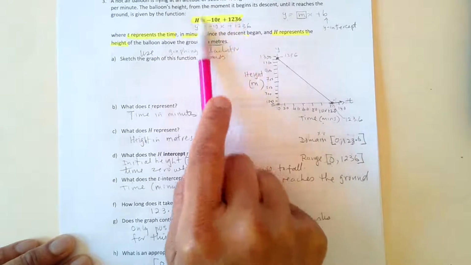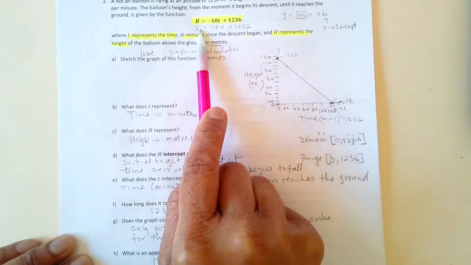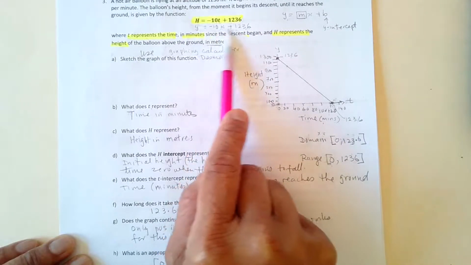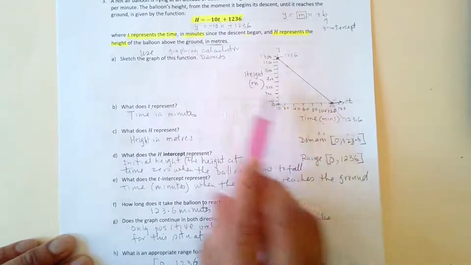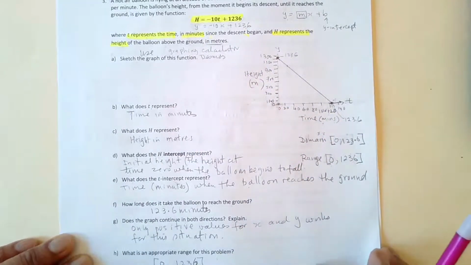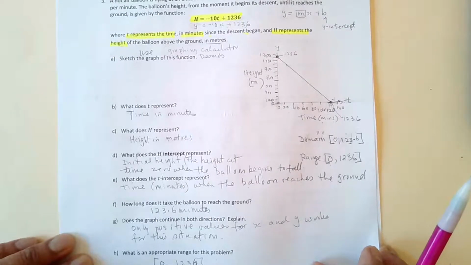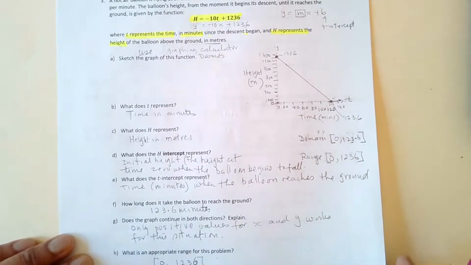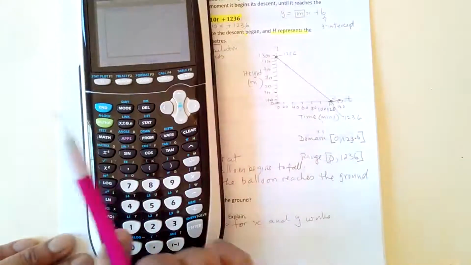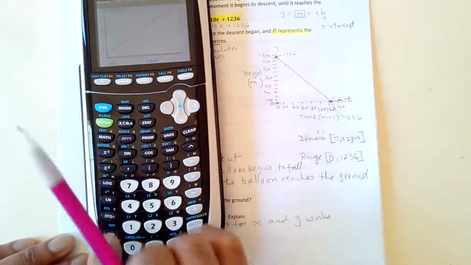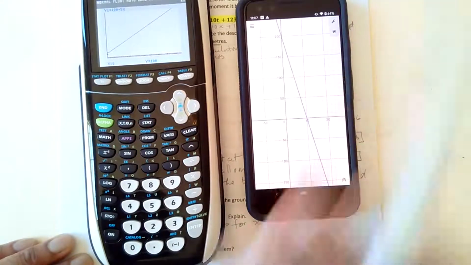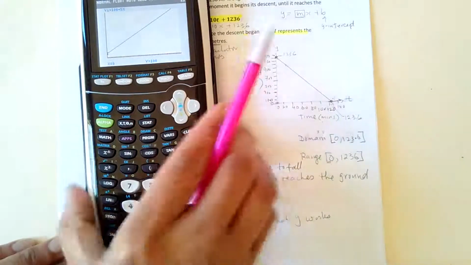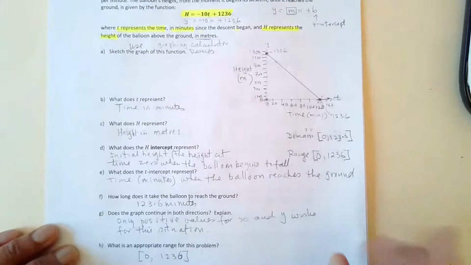Whenever we're given an equation, we're trying to translate that into the y equals mx plus b equation so we can recognize our x and y labeling or representations. We use a graphing calculator or Desmos to get a sketch of a graph and find our x and y intercepts. We also look at a way of recognizing the domain and range.